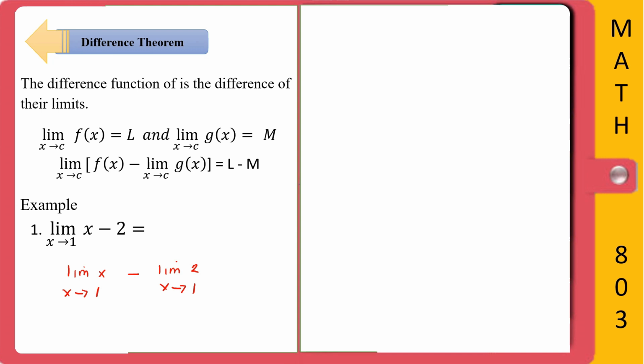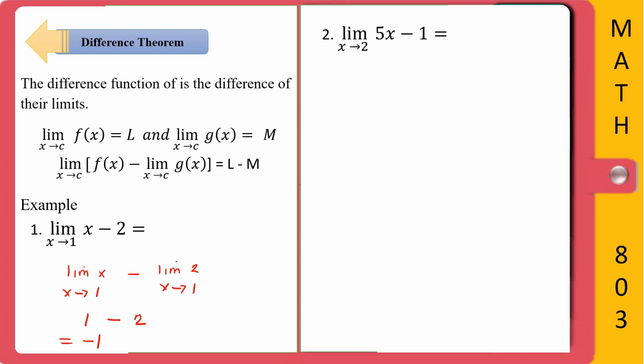Since we have the identity theorem here, we need to substitute the value of c into the variable x. Our c here is 1, and then we subtract the limit of 2 as x approaches 1. Since this will be the constant theorem, the value of k is 2. So we have 1 minus 2. Therefore, the final answer will be negative 1.